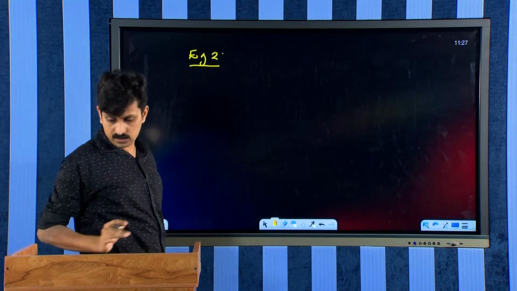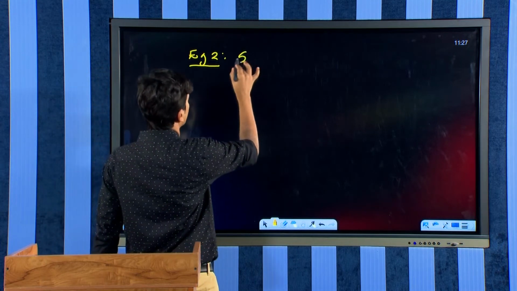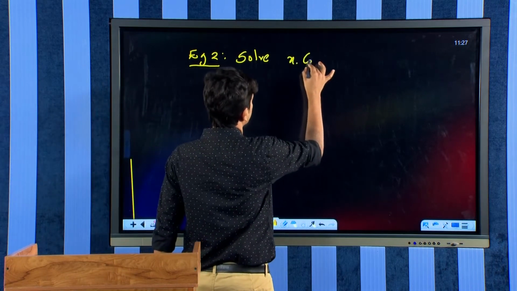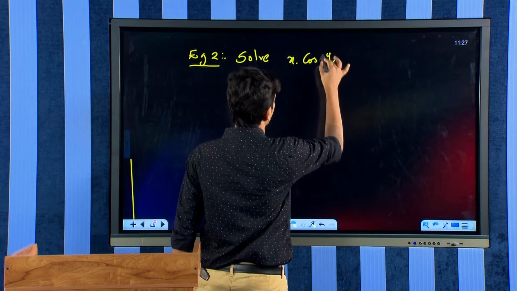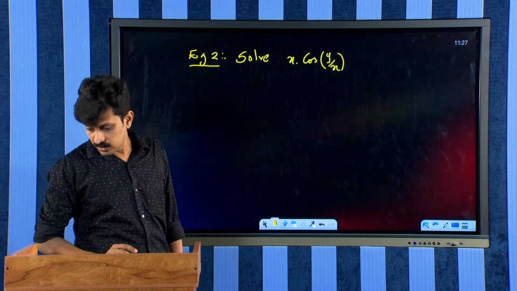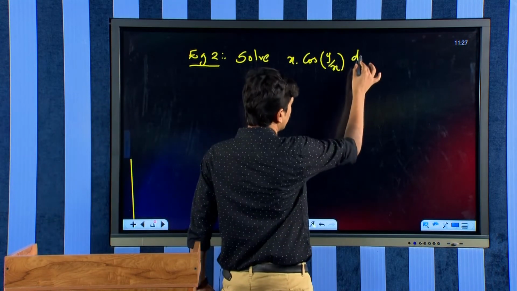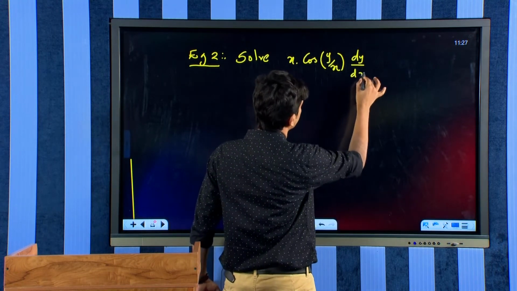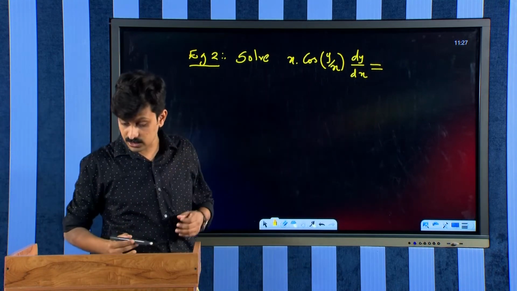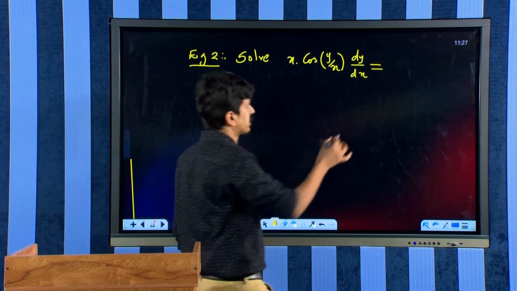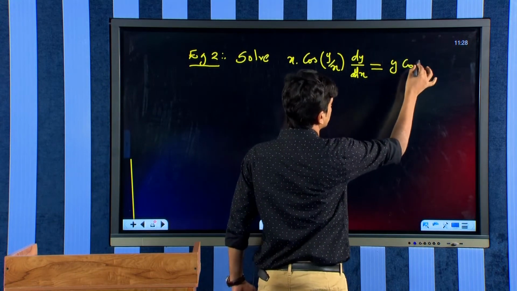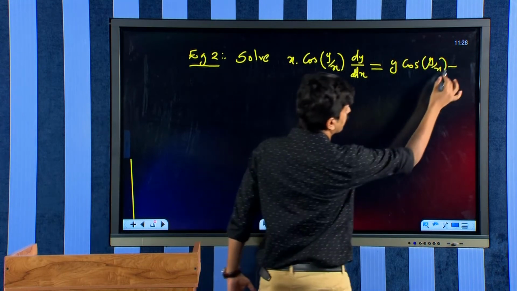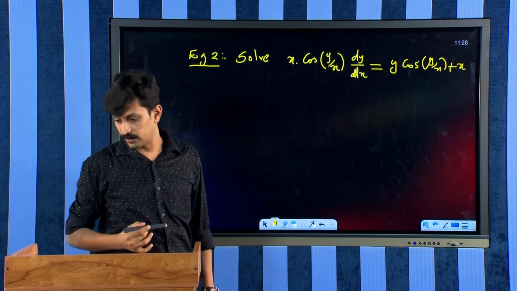Example 2: solve the differential equation x cos(y by x) into dy by dx is equal to y cos(y by x) plus x.